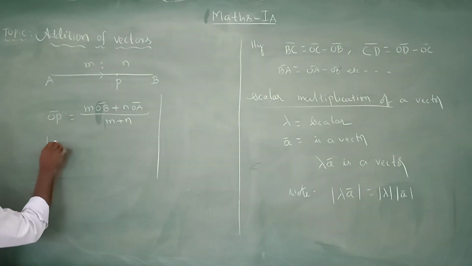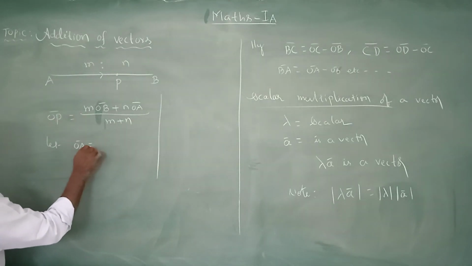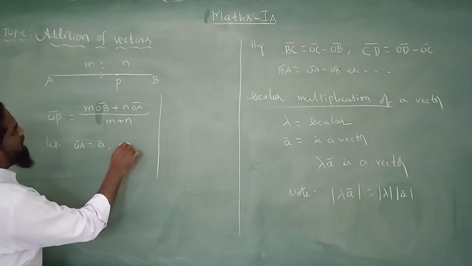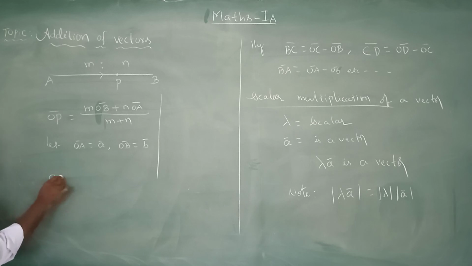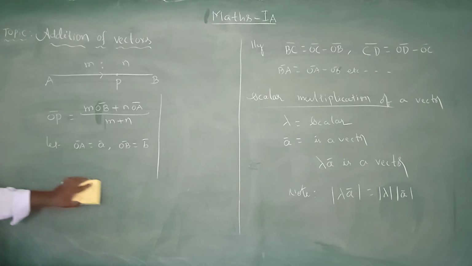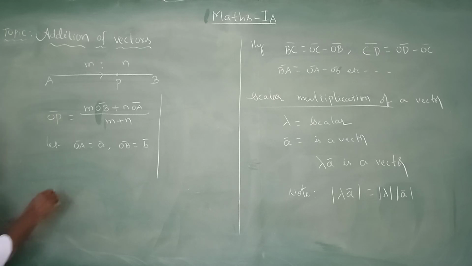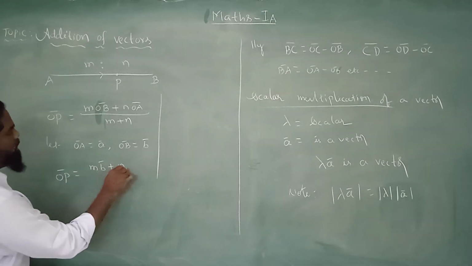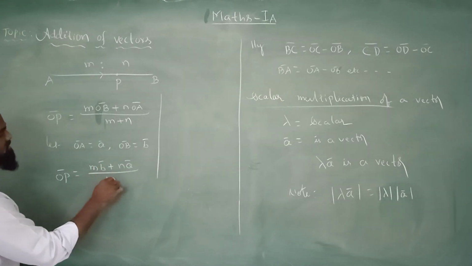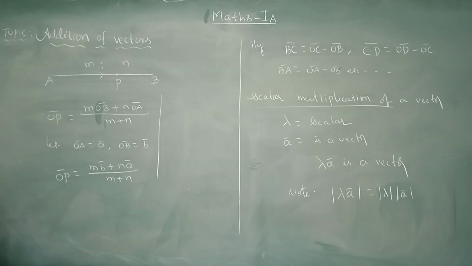Suppose OA bar is a bar and OB bar is b bar, then OP bar can be written as m b bar plus n a bar by m plus n. Understand? This is the section formula. Understand?